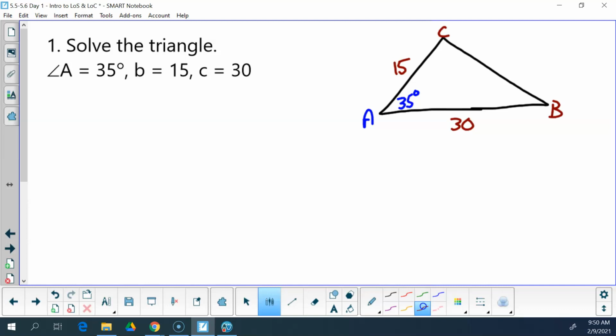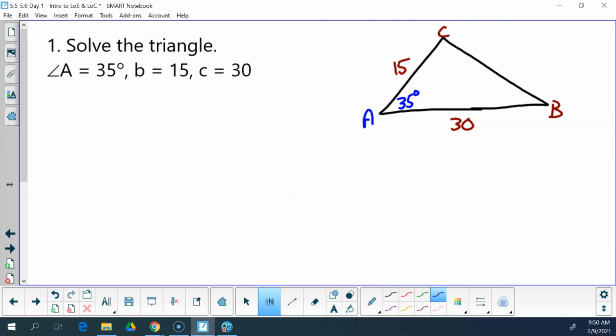Okay. This is a side angle side case, which is the law of cosines, because I don't have what side A is. This is a non-right triangle, so I can't find what side A is using the Pythagorean theorem.